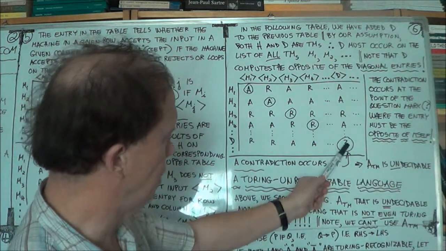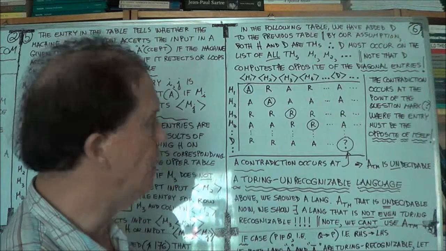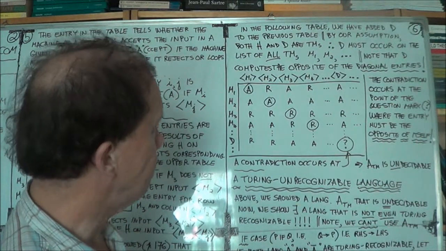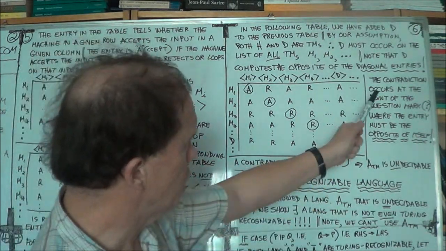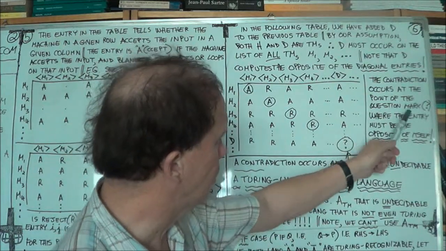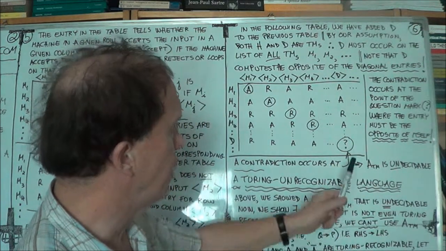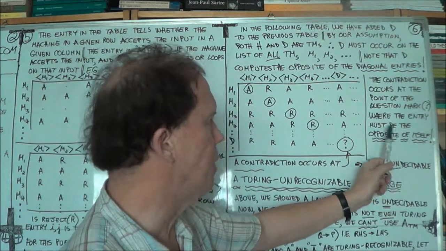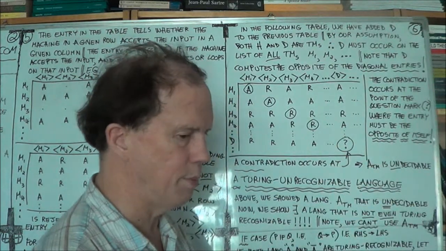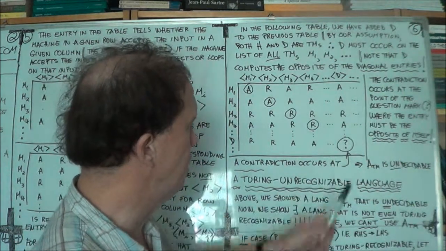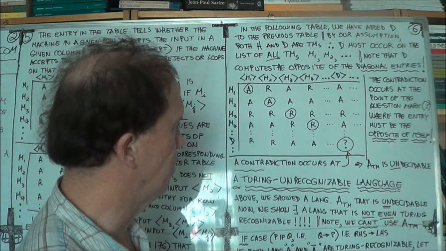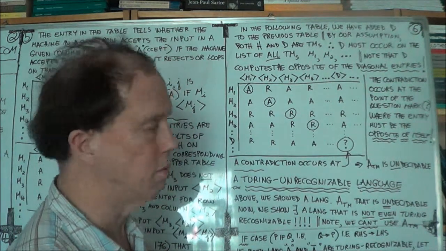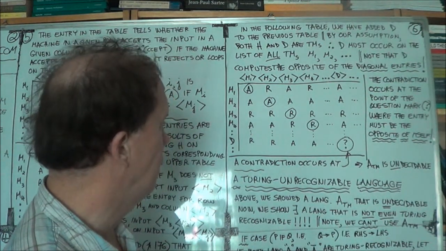So what is actually here? It's not clear. So the contradiction occurs here, at the point of the question mark, where the entry must be the opposite of itself. So whatever's here, it must be the opposite. And that's a sort of visual contradiction.